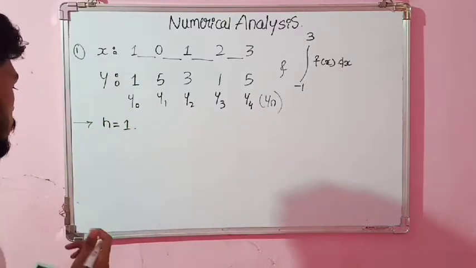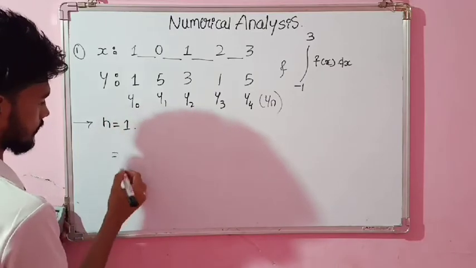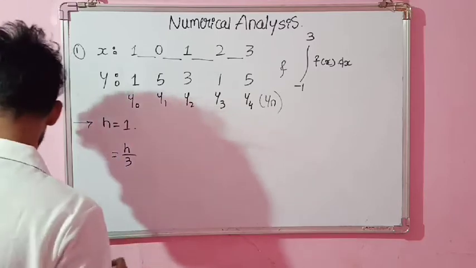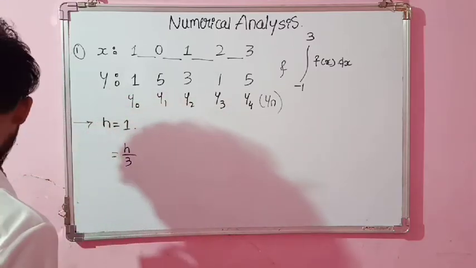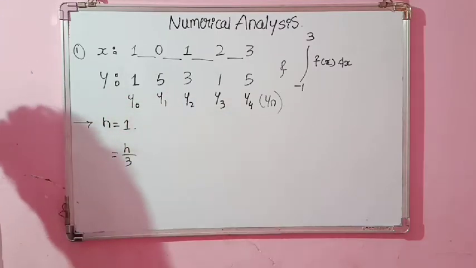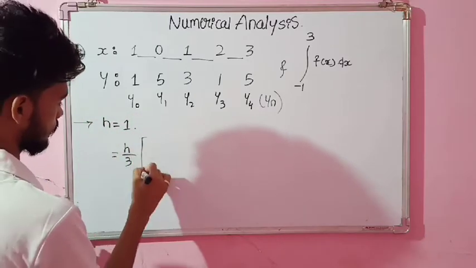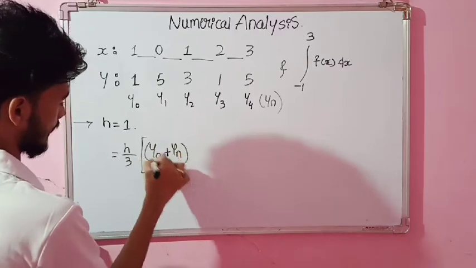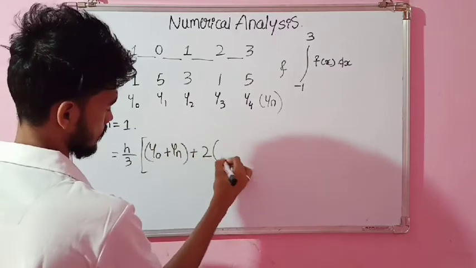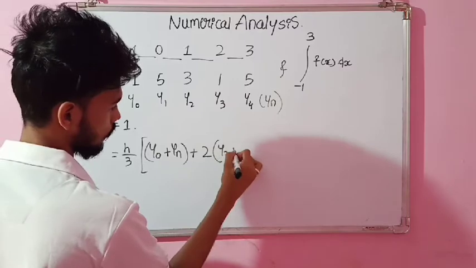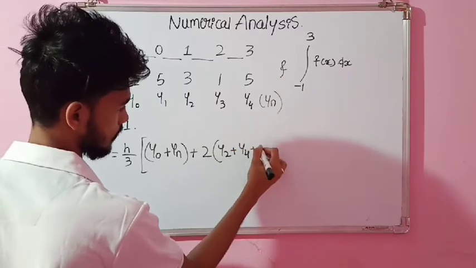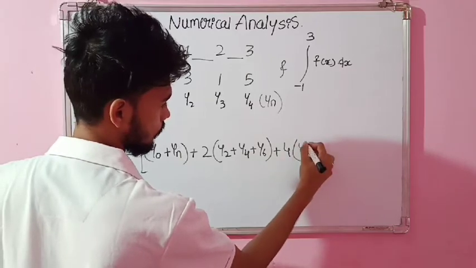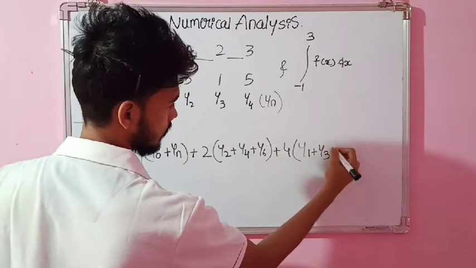The formula for Simpson's one third rule is given by h by 3 into y0 plus yn plus 2 times the even terms y2 plus y4 plus y6 and so on, plus 4 times the odd terms y1 plus y3 and so on.